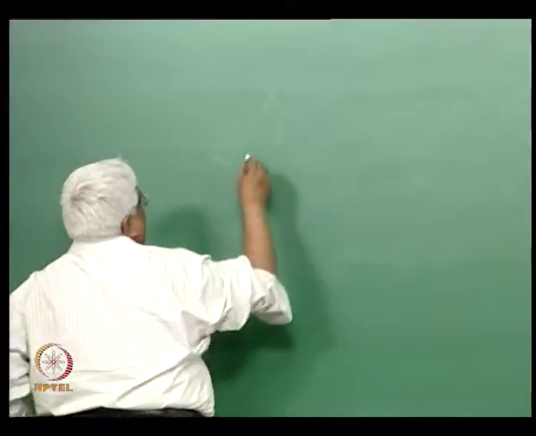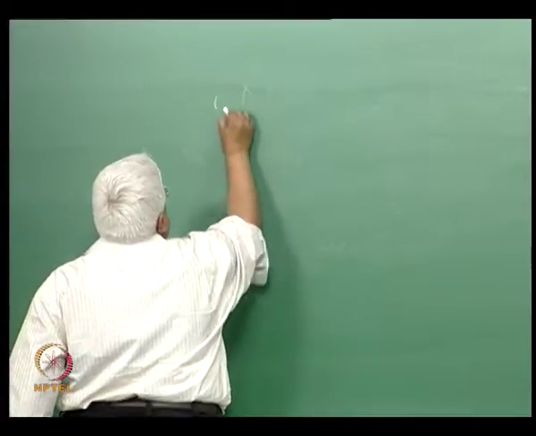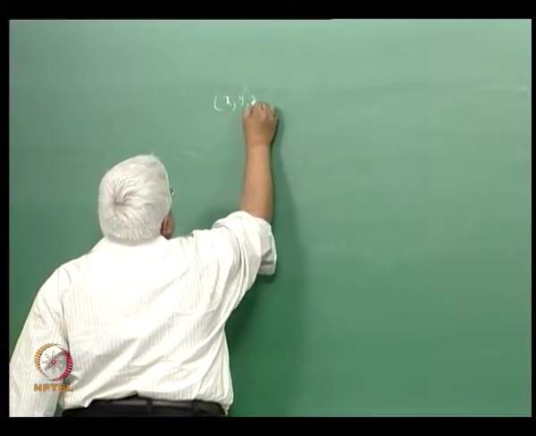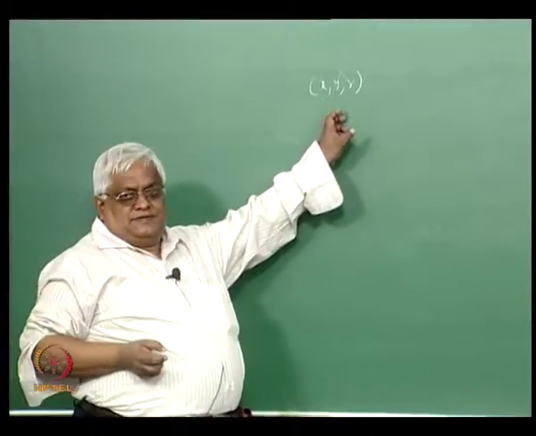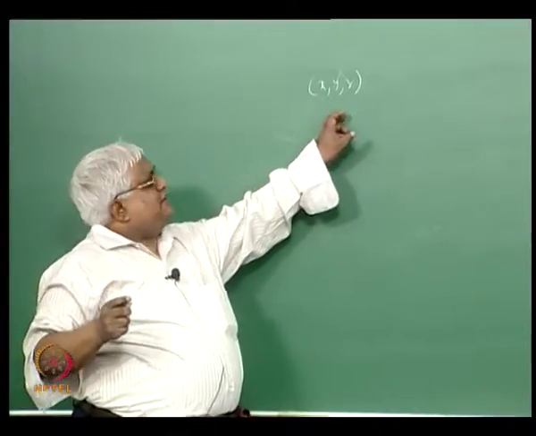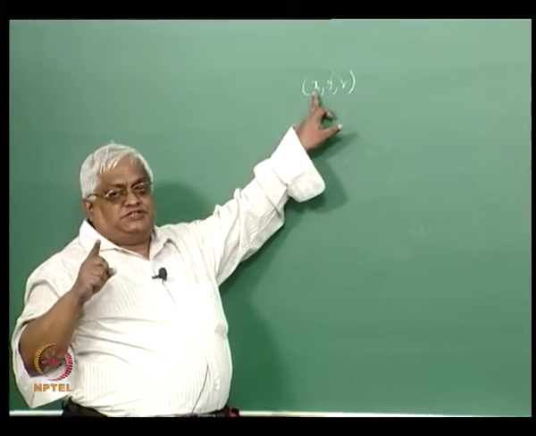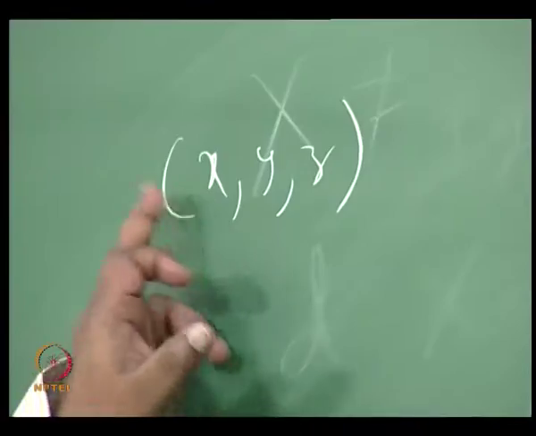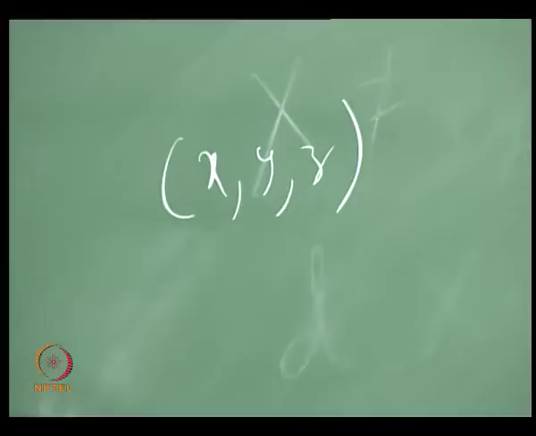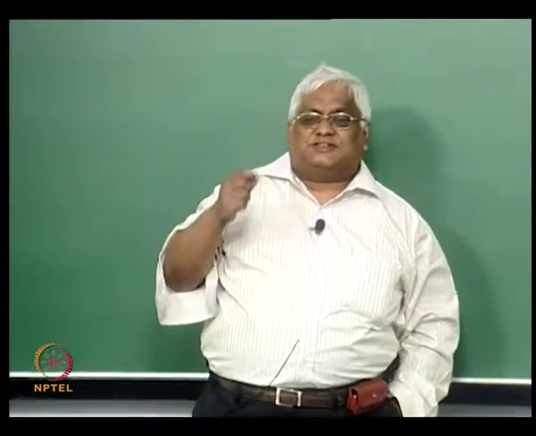You see, for each coordinate you have 3 ways of doing it, minus 1, 0 and 1. Each one you have 3 ways. So, 3 into 3 into 3, 27. So, there are 27 points.